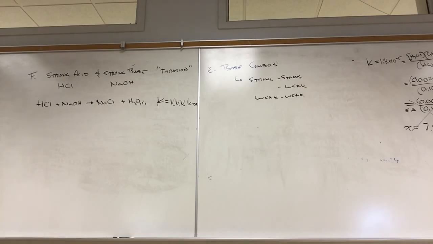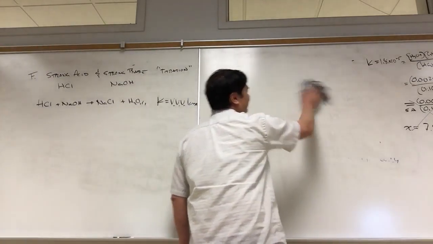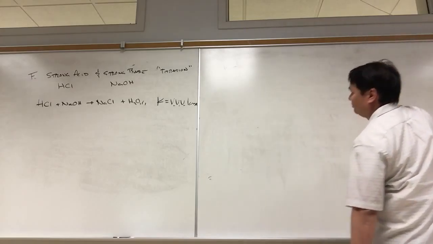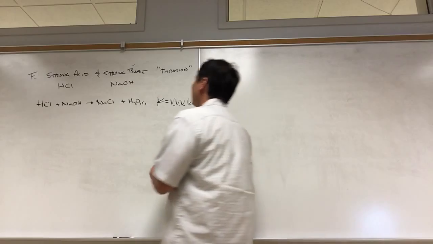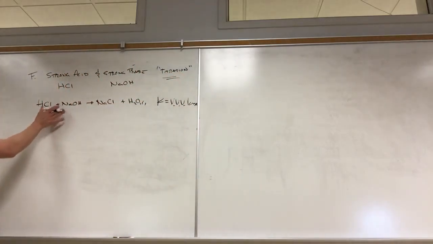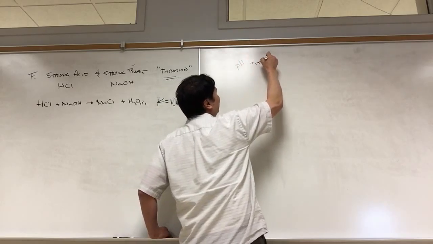But in Chem 1B, we're going to treat this mixture much more intensively. Since this is a special mixture, a titration, we're going to look at all possible combinations of HCl and sodium hydroxide. And the way we look at all possible combinations of HCl and sodium hydroxide is by mapping out something called a pH titration curve.